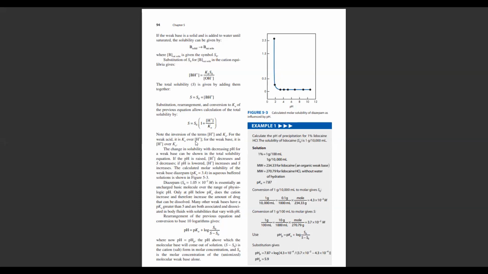And at high pH, there is a high concentration of hydroxyl ions, and these weak bases are more likely to accept hydrogen ions and become more ionized, and thereby increase the solubility under, sorry, under acidic conditions. Sorry.